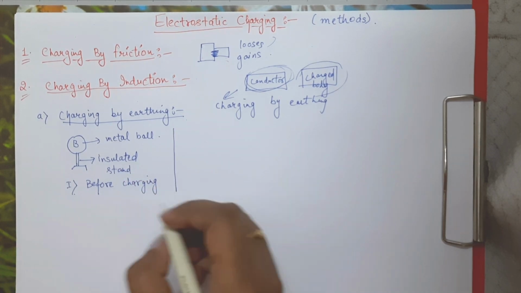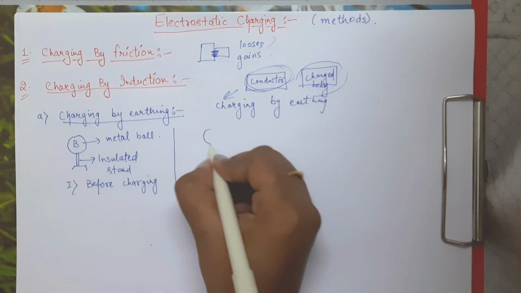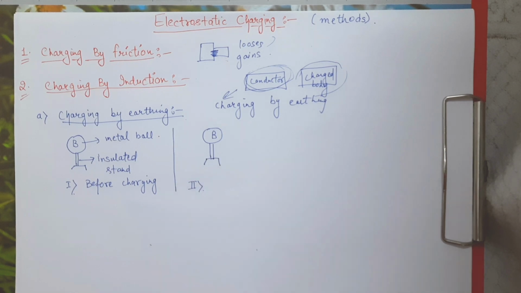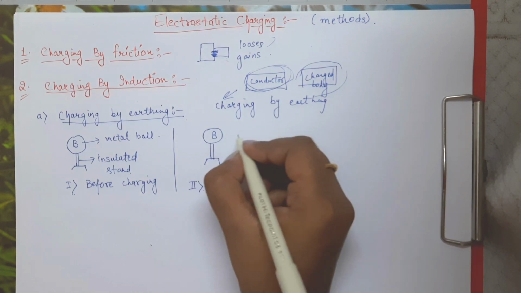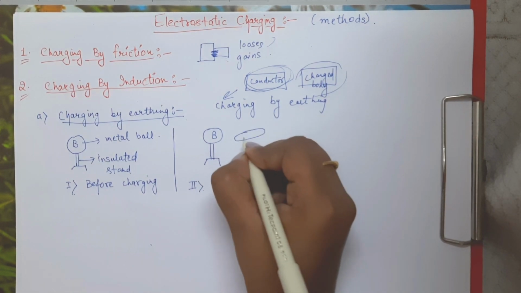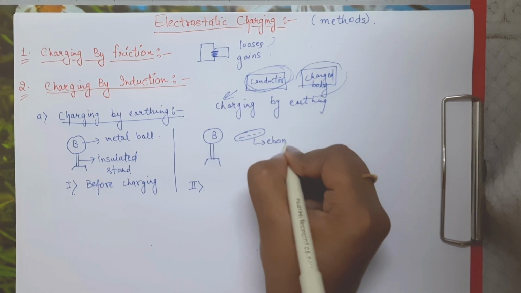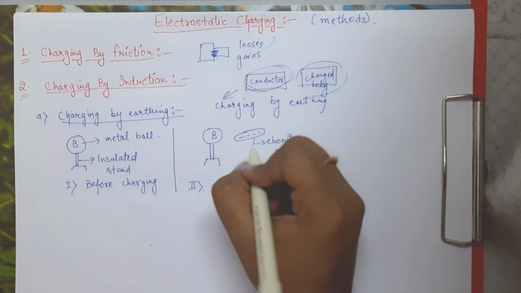Now in the second case we have this metal ball on this insulated stand. But now what we do is we get an ebonite rod. This ebonite rod is negatively charged.